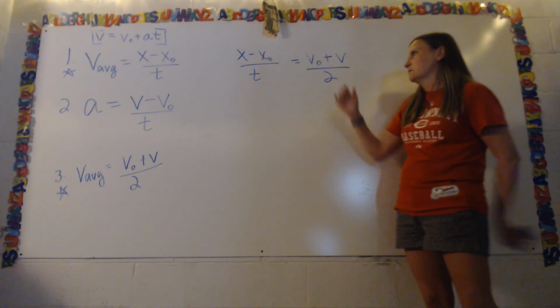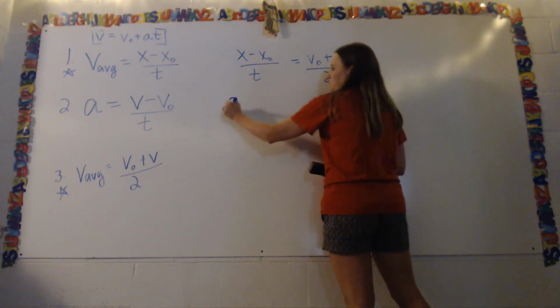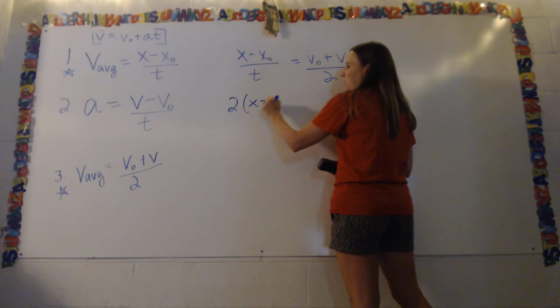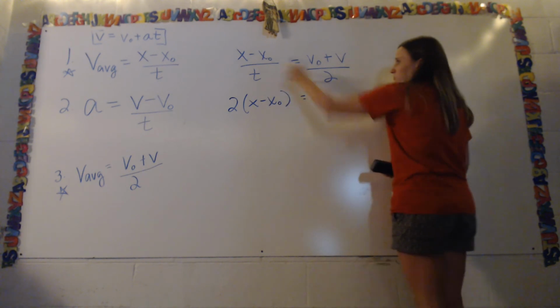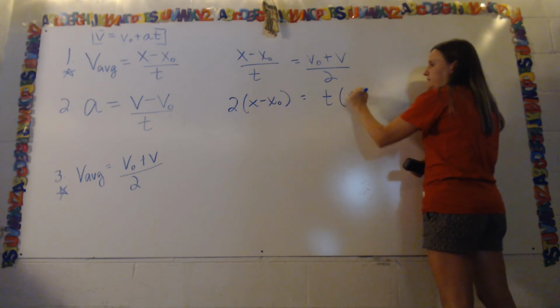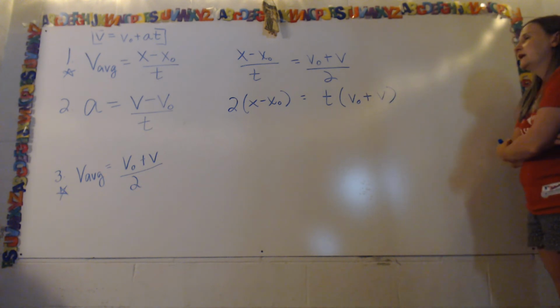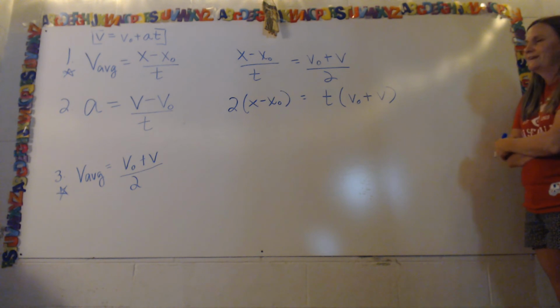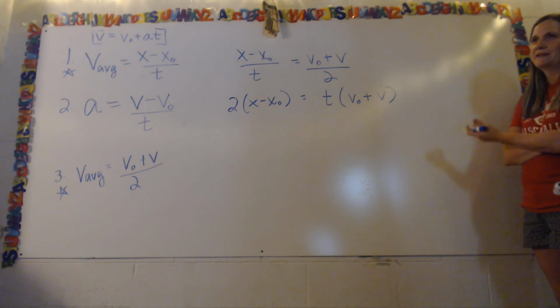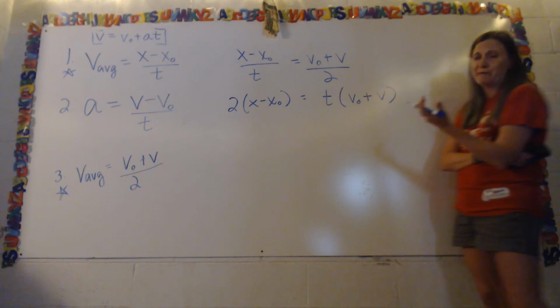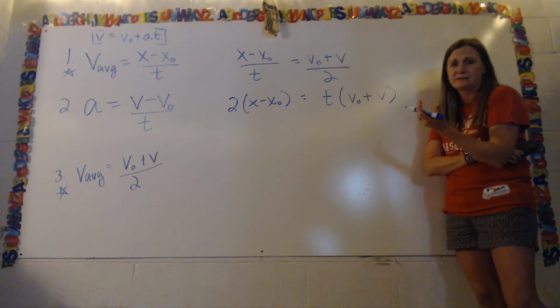So you can cross multiply. So you could say 2 times x minus x naught is equal to t times the quantity v naught plus v. Okay? And it's hard to explain why. It's really just because somebody messed around with these things until they figured out a nice solution.